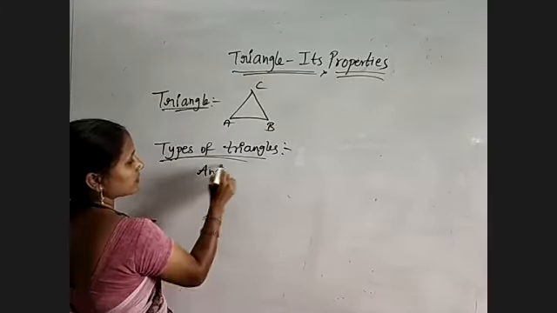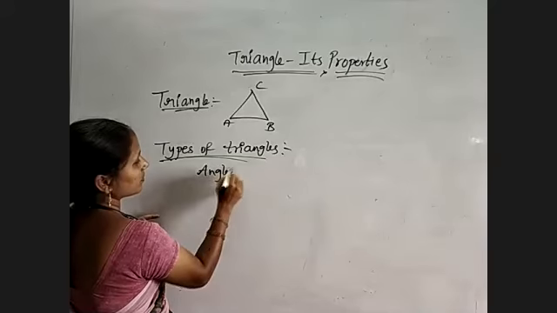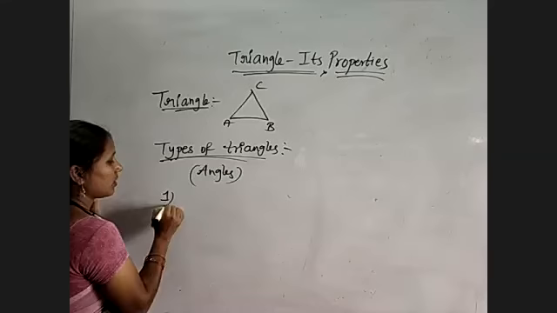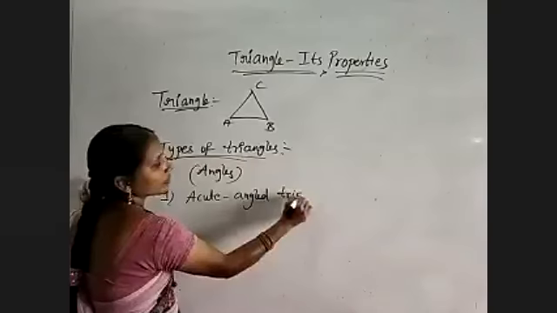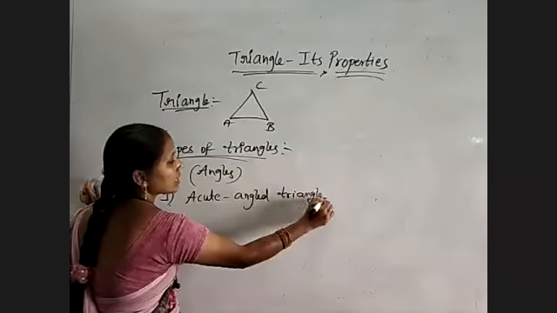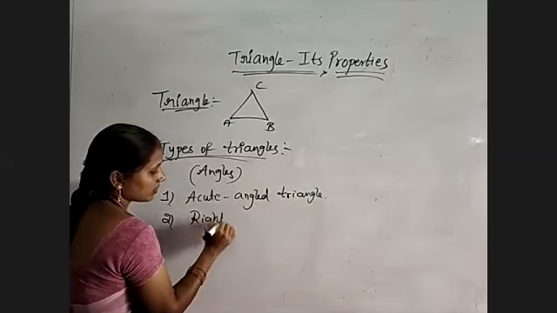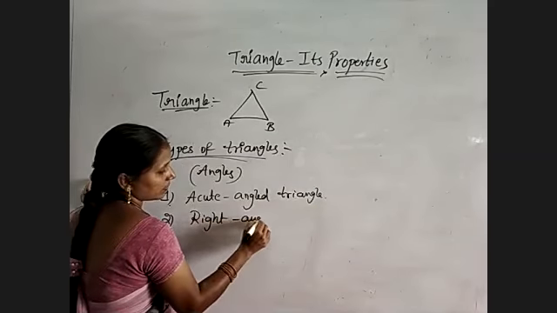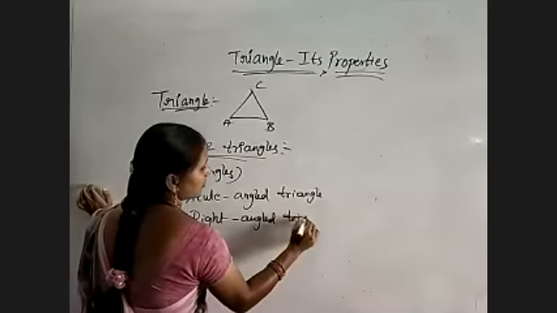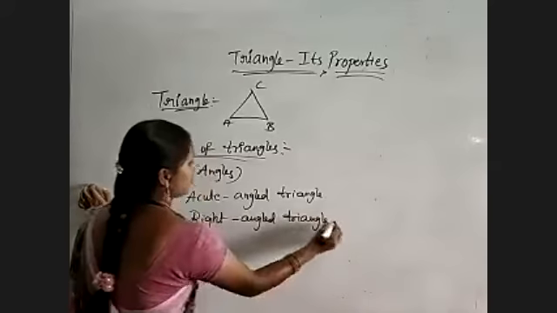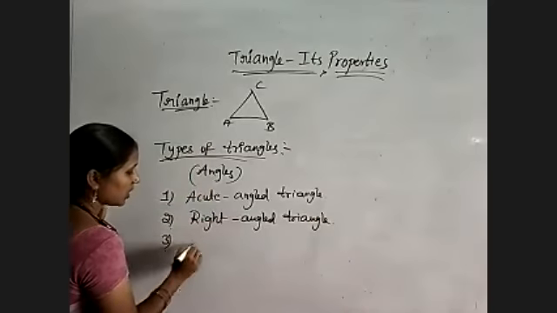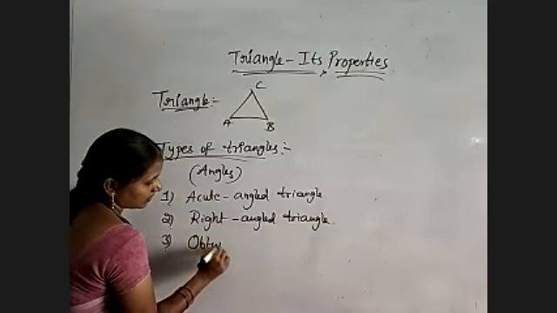Depending on angles, we have acute angled triangle, and secondly right angled triangle, and third one obtuse angled triangle.